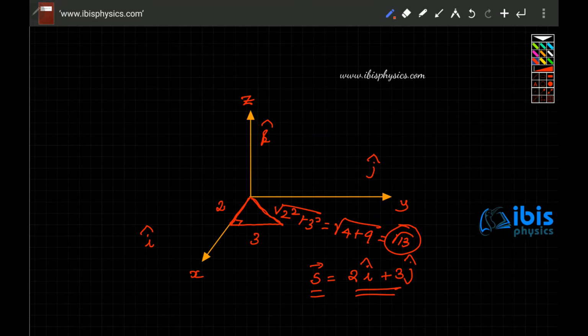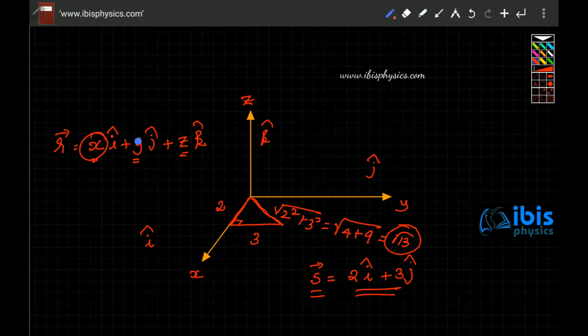In general, any position vector is given as the x coordinate value times i cap, plus the y coordinate value times j cap, plus the z coordinate value times k cap. These are all coefficients of i cap, j cap and k cap.